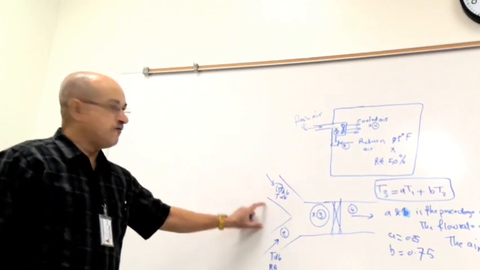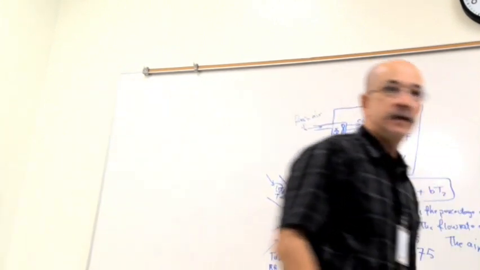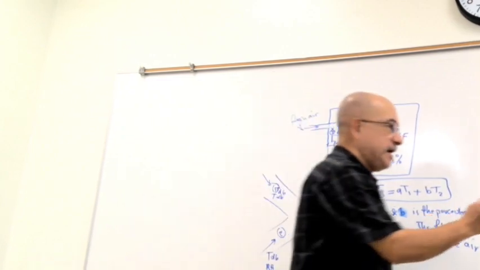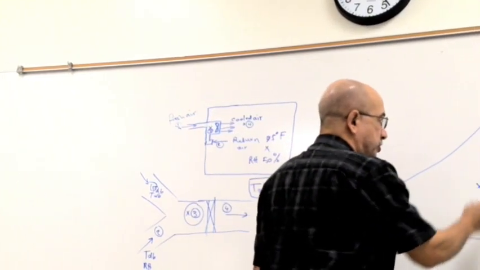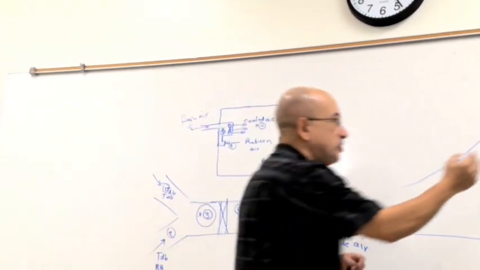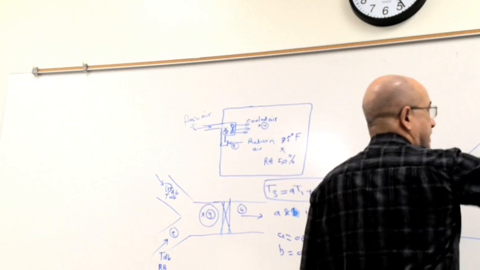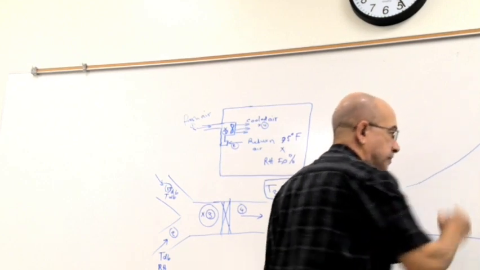So we find this fresh air here, and we find the indoor condition here. We use a ruler and draw a straight line between them. So this is 1 and this is 2.